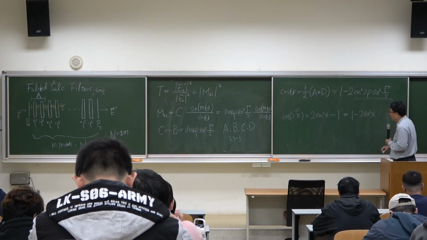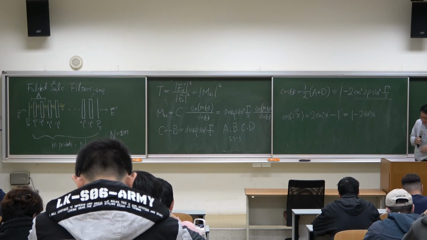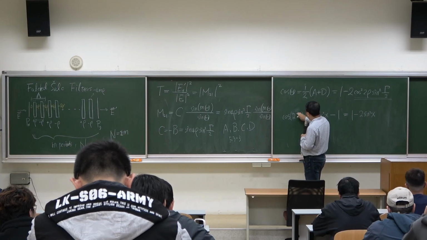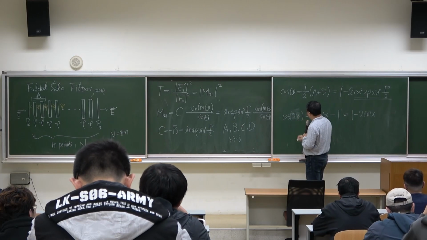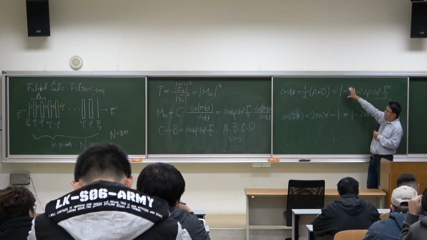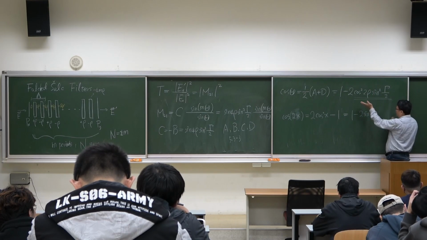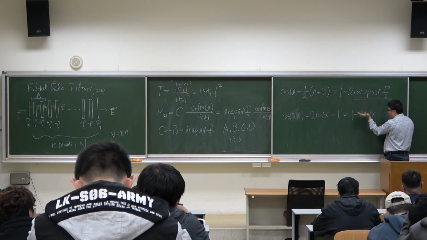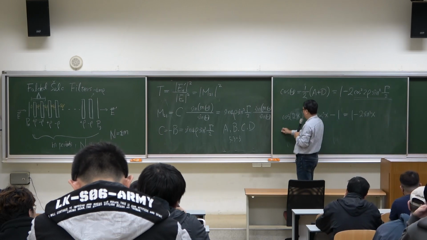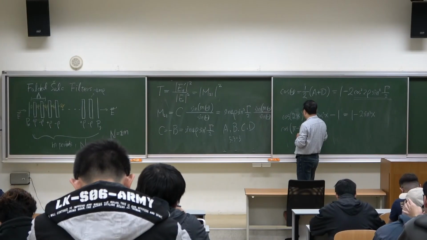So I can call this x, or call it chi, either is fine. If you compare this structure with this formula, you will find that this structure is something like this, or you can identify it as pi minus 2x.